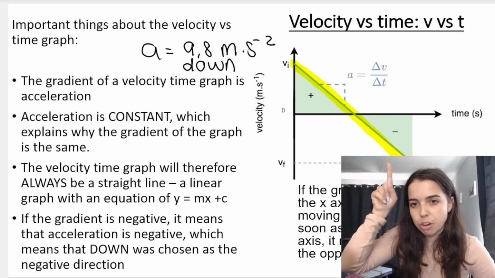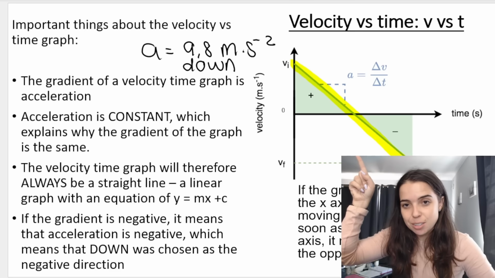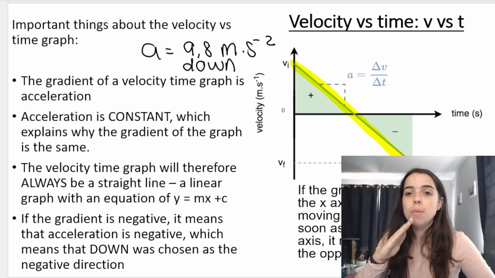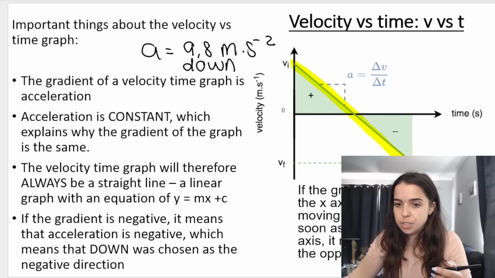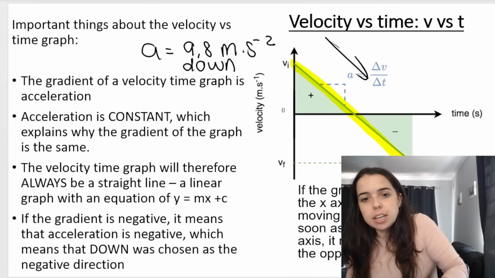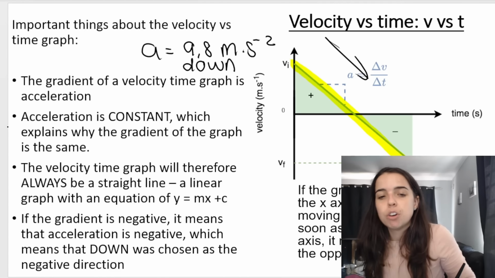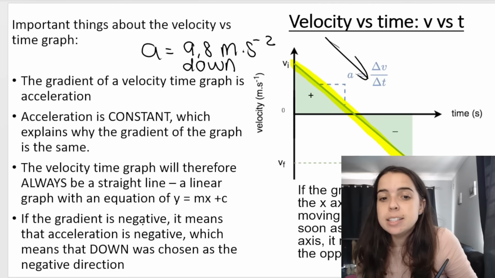Now take a look at this gradient. Is that a positive gradient or is that a negative gradient? Well, the slope is going downwards, right? It's decreasing. Take a look at the slope. It's going downwards. It's a negative gradient. It's a decreasing slope. The gradient is negative.